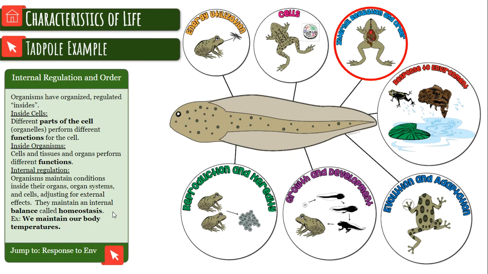The average body temperature is 98.7. And so if we go above that temperature, then you would have a fever. And if you are below that temperature, we call that hypothermia. So maintaining internal balance of body temperature is an example of homeostasis.